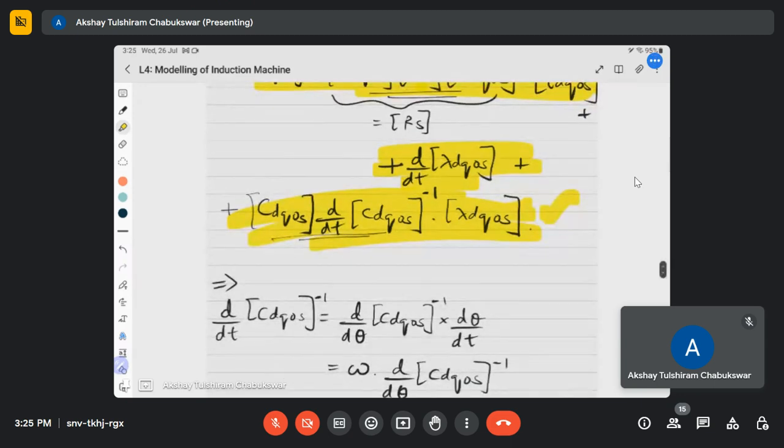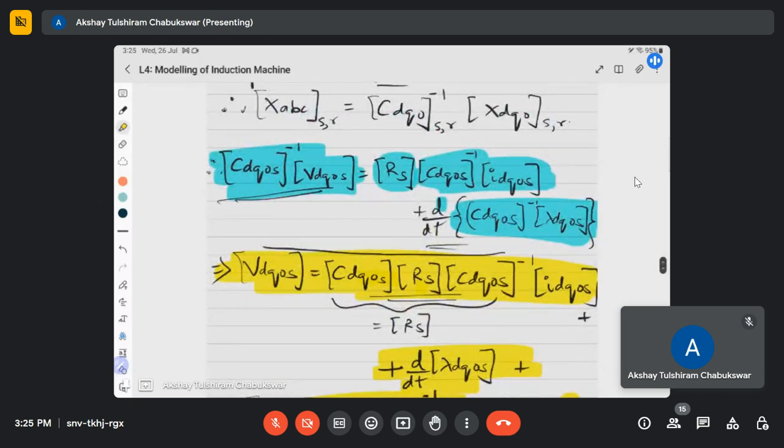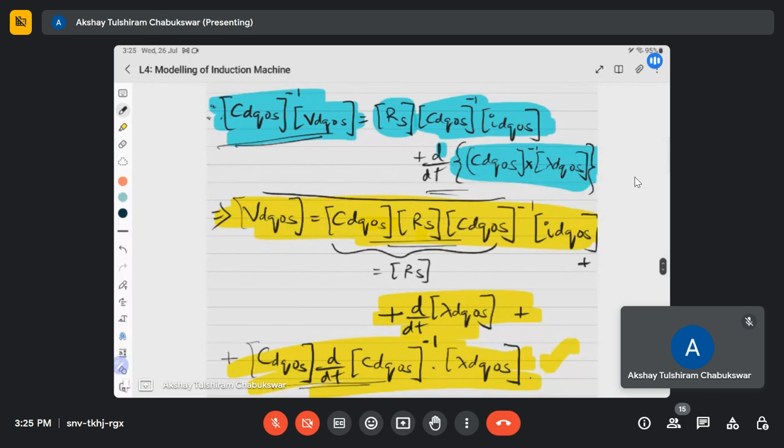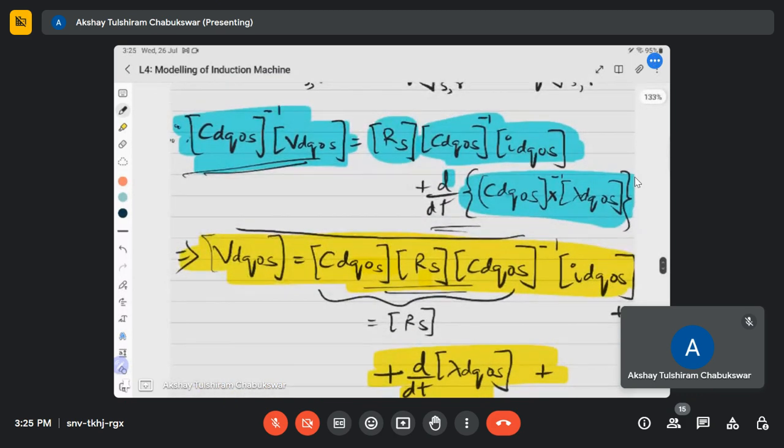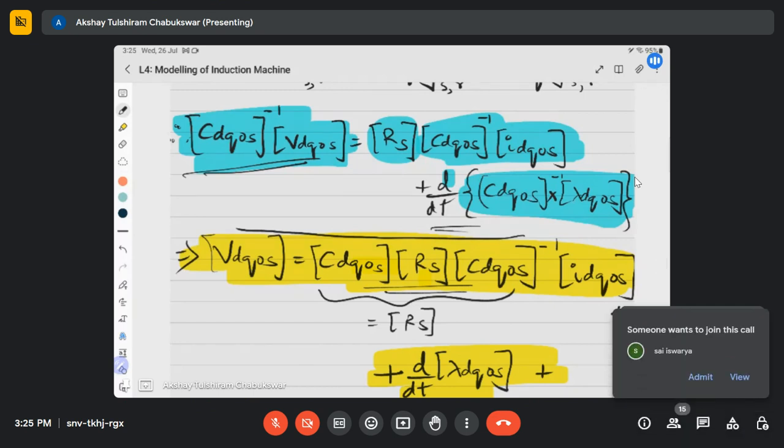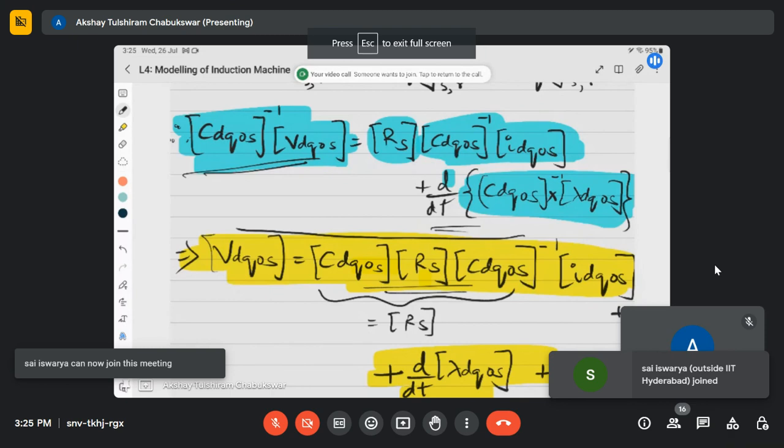Basically here it was d by dt of C dq0s inverse into lambda dq0s. It is the differentiation of two matrices which are multiplied. So if you use the product chain rule of differentiation, it will be C dq0s inverse into d by dt of lambda dq0s, plus lambda dq0s into d by dt of C dq0s inverse.